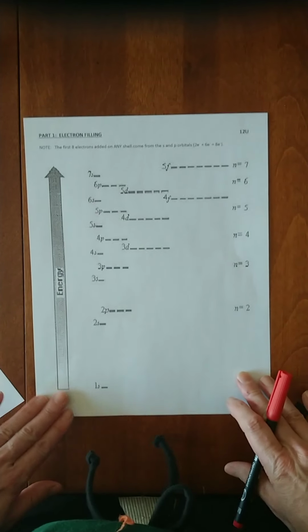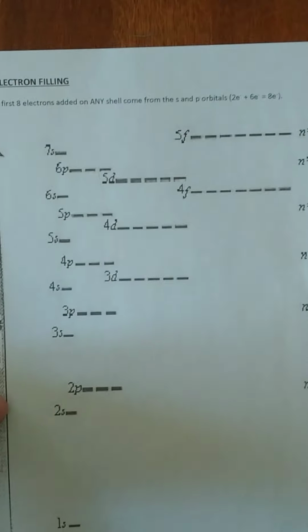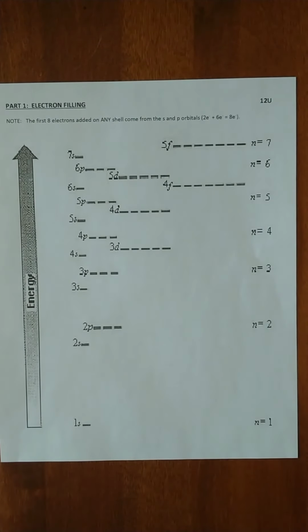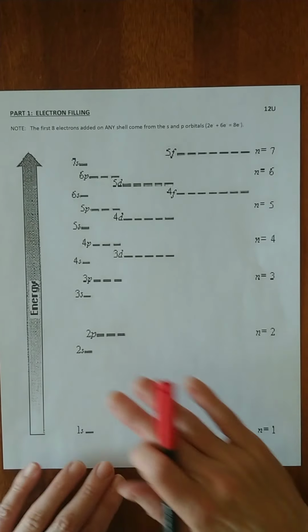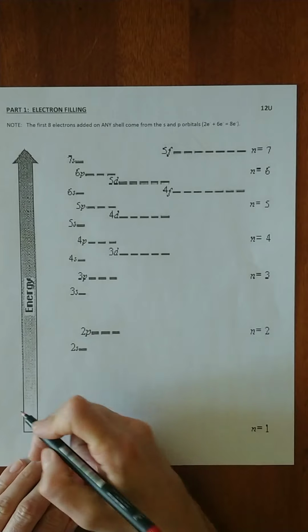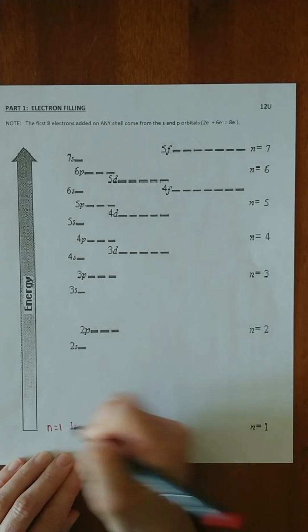So what happens when it comes to electron filling? Okay, let's just get this sheet here. Okay, so the first thing we're going to do is recognize that as you go up in energy levels, your energy increases. So this is an N equals 1.